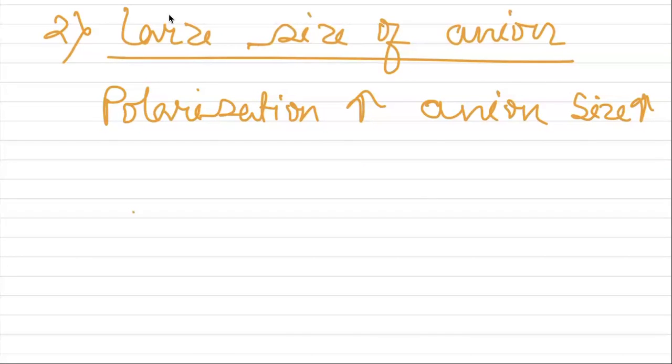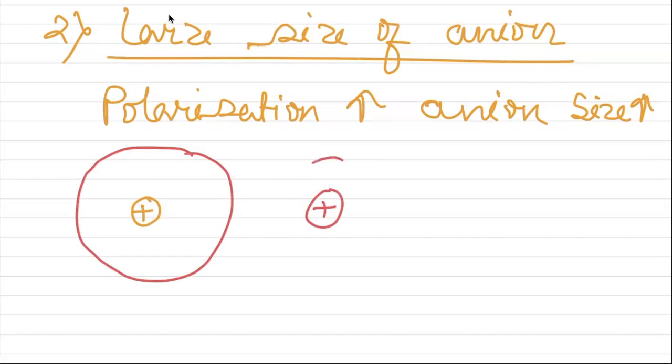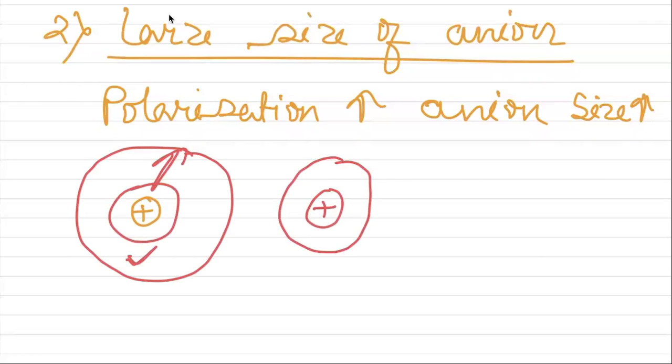Suppose this is the nucleus and the size is quite big. And this is another anion whose size is quite small. So obviously in the first case, as the size of the anion is quite big, the nucleus cannot hold the outermost electron cloud very tightly.